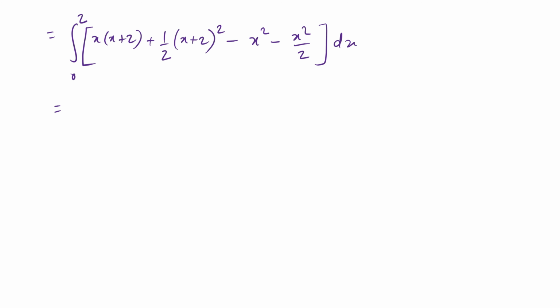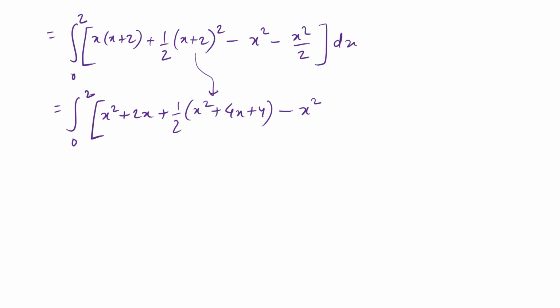And if we simplify, we have 0 to 2, and then x square plus 2x plus half of x square plus 4x plus 4, basically solving this part, then minus x square by 2 dx.